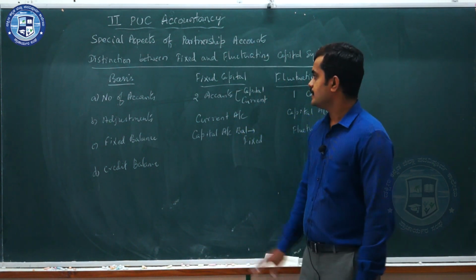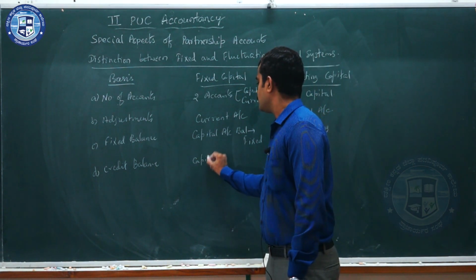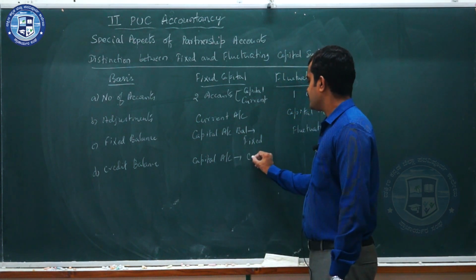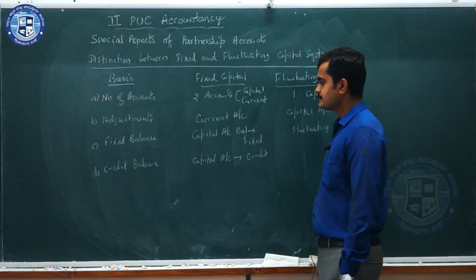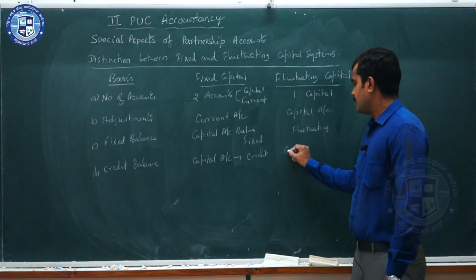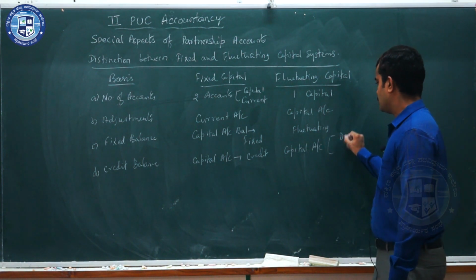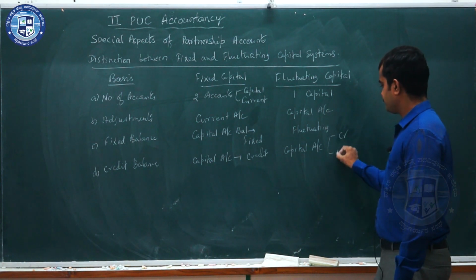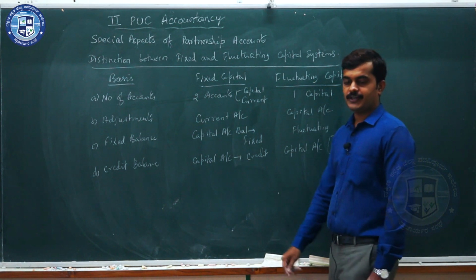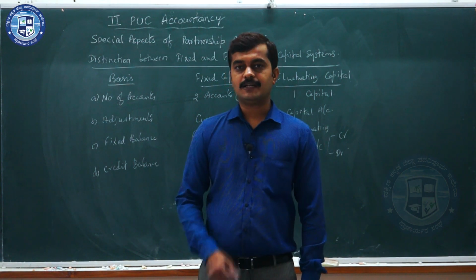That is, under fixed capital system, capital account of any partner will always show credit balance, whereas under fluctuating capital system, capital account may show credit balance or debit balance. So, these are the four differences between fixed capital and fluctuating capital systems.